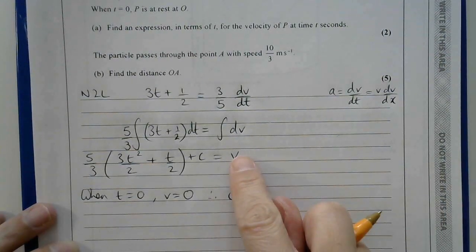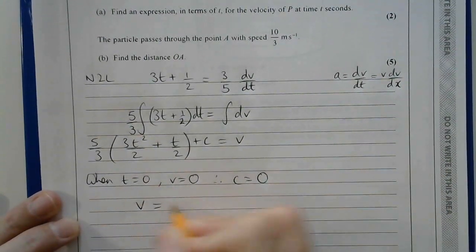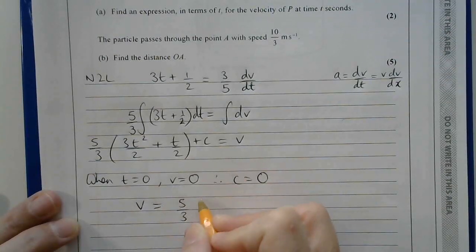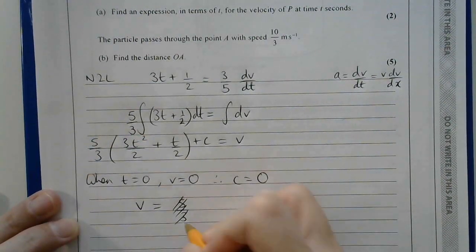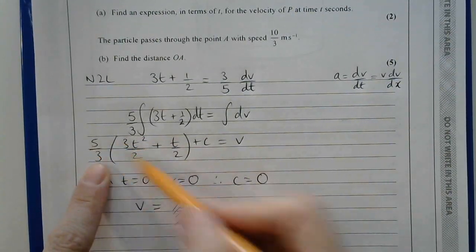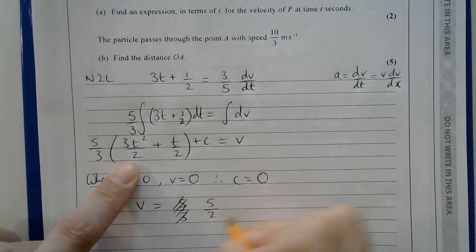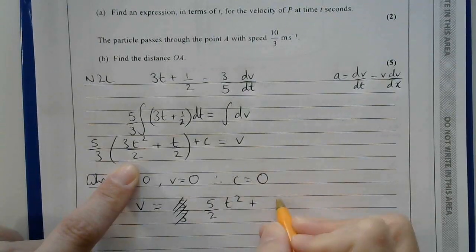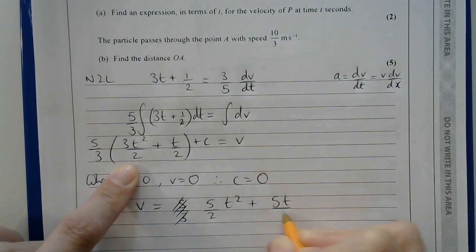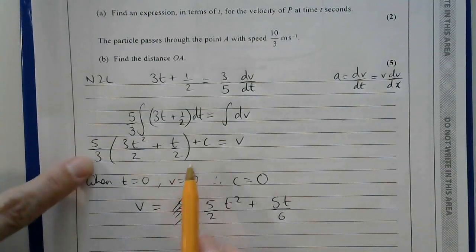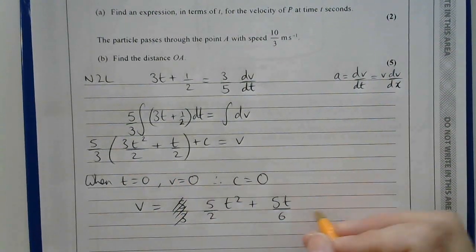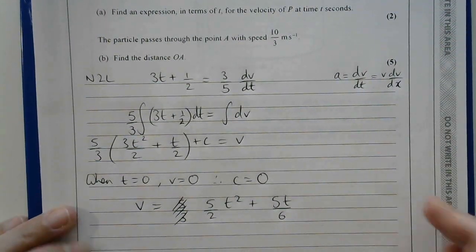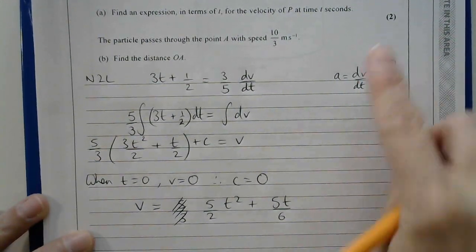So therefore v is equal to 5/3 multiplied by, actually I can multiply that out. So the 3's here would cancel and you'll end up with 5/2 t squared plus 5t over 6, multiplying the 5/3 with the half. And c was 0, so that is it. So that is for the first 2 marks.